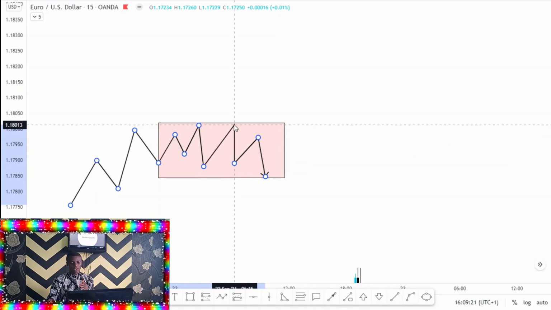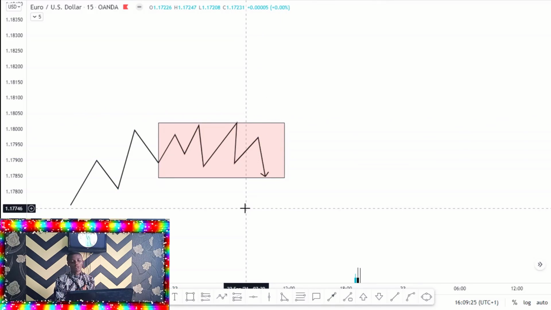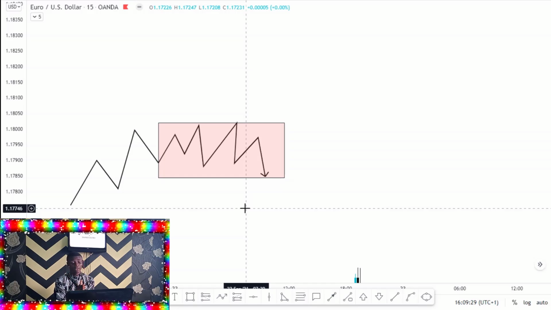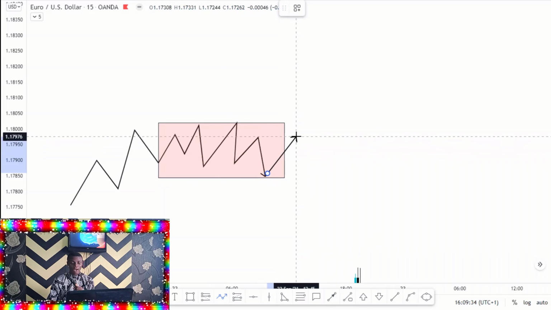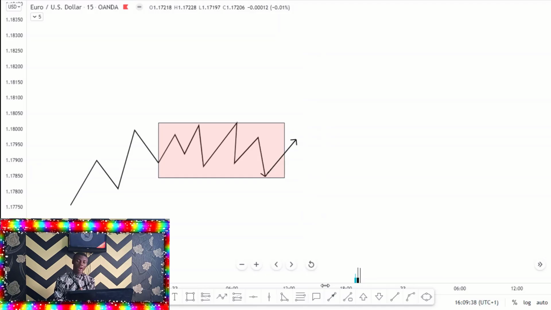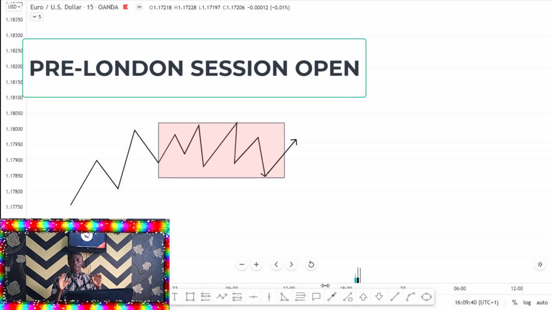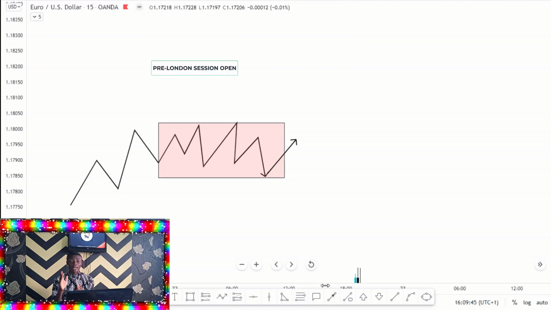All right, so we're going to do this just by way of explanation, because this is how it happens most of the time. Okay, so now let's assume that you just open your chart and you see this on a fateful day. Let's assume that price has actually opened up into the London session. All right, there's what's called the pre-London session open, and I know most of you don't know what that is all about.